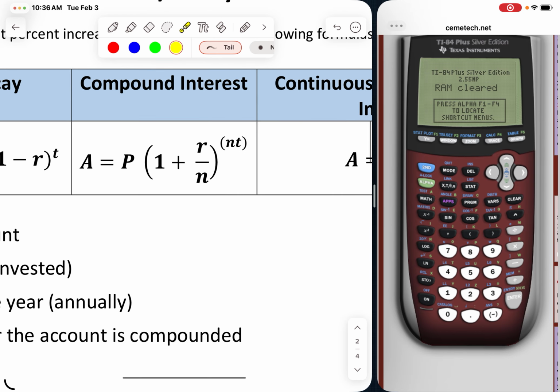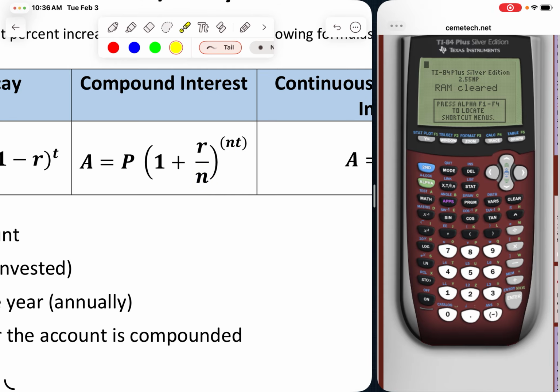Next we have if the interest is compounded. You could have interest compounded monthly, daily, quarterly, whatever. If it is compounded quarterly, which is 4 times per year, we divide our rate by 4 and multiply our time by 4.